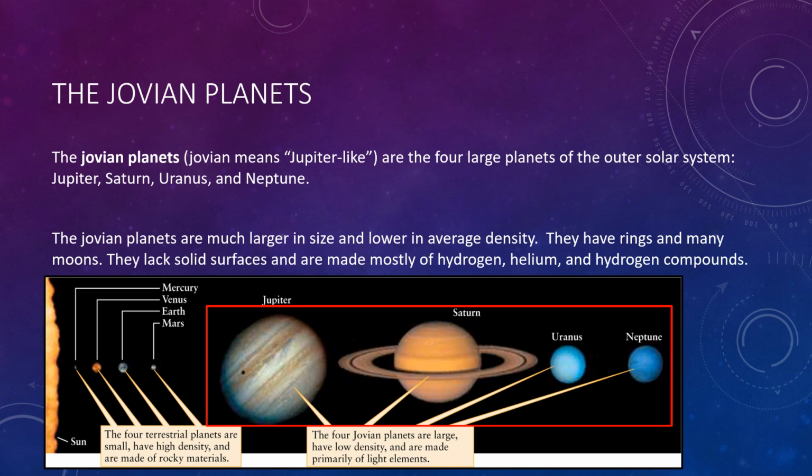They lack solid surfaces and are made mostly of hydrogen, helium, and hydrogen compounds. That is, compounds containing hydrogen such as water, H2O, ammonia, NH3, and methane, CH4. Because these substances are gases under earthly conditions, the Jovian planets are sometimes also called the gas giants.